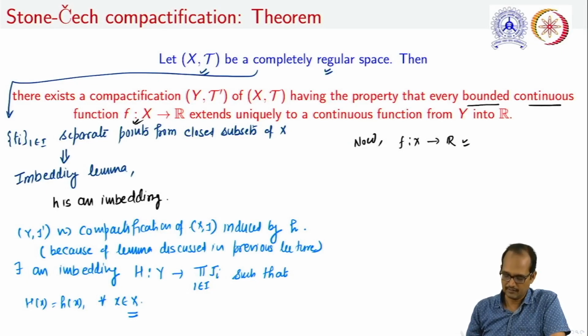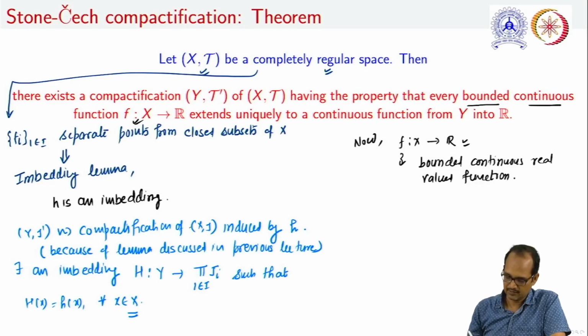Obviously this is real valued, so this is a bounded continuous real valued function, and if it is the case we can say that f is a member of this family of functions, that is fi, i belongs to I, and we can assume that this f is something like fk for some k in the index set I.